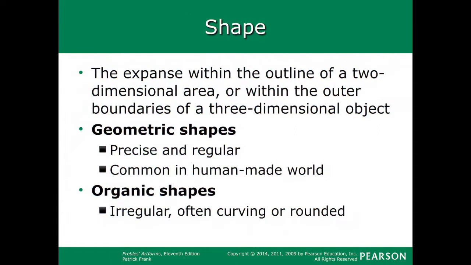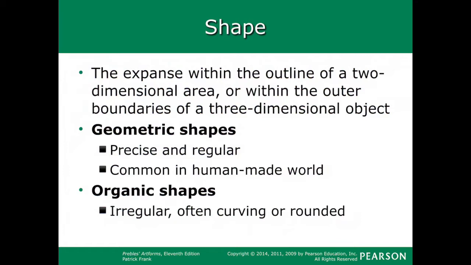And now we're going to talk about another visual element. And when it comes to these visual elements, it's one of the few lists that I ask my classes to remember. And I want you to remember what all of these elements are. So shape, of course, is one of the important elements. And it can be defined as the expanse within the outline of a two-dimensional area or within the outer boundaries of a three-dimensional object.